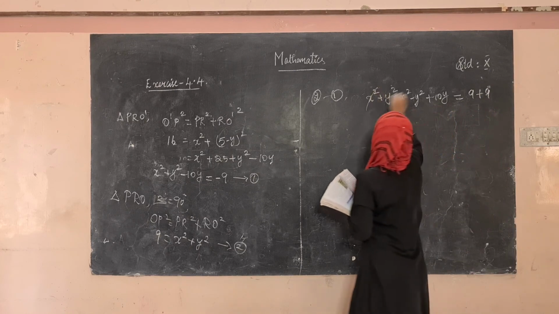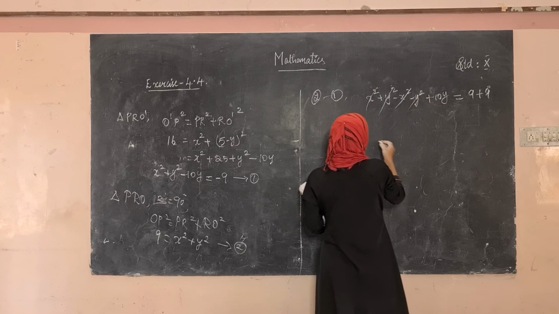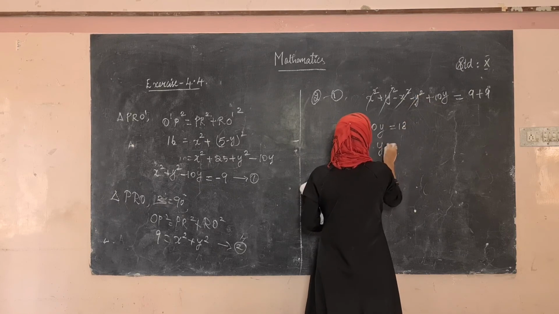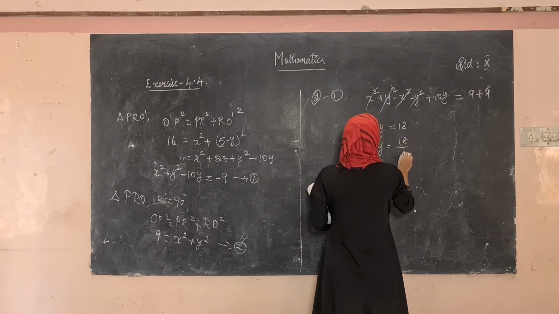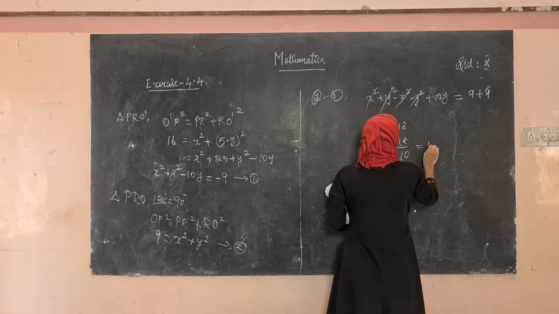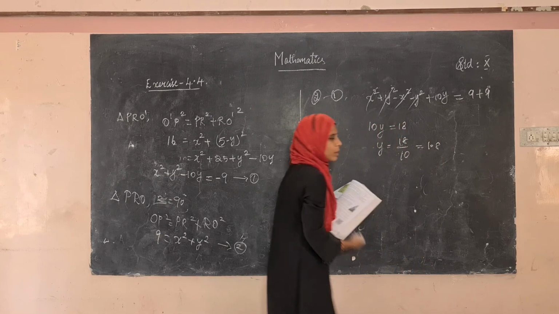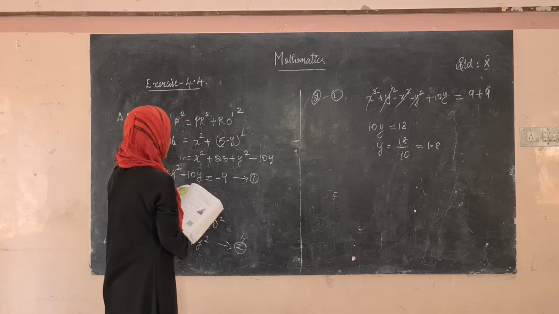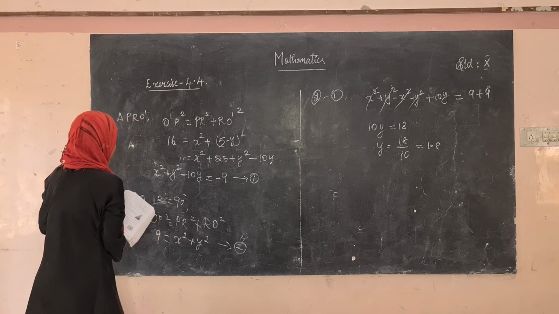So see here X square gets cancelled, Y square minus Y square. So 10Y is equal to 18. Y is equal to 18 divided by 10, which is equal to 1.8. So the value of Y is 1.8.